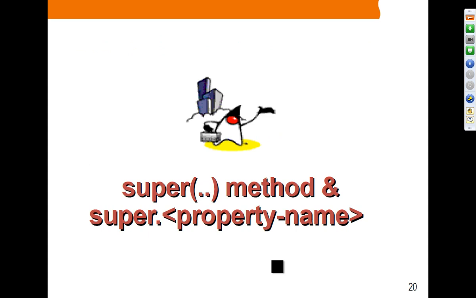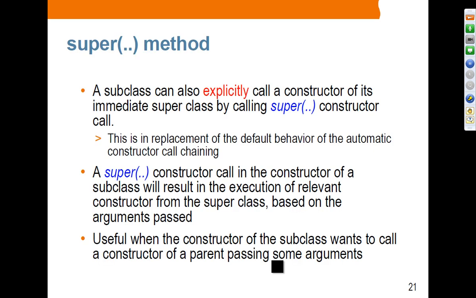Okay, let's talk about the super method and super property name. Now, a subclass can explicitly call a constructor of its immediate superclass by calling a super constructor call. So instead of depending on that automatic or implicit constructor call chaining, a child class can explicitly call the constructor of a parent class.